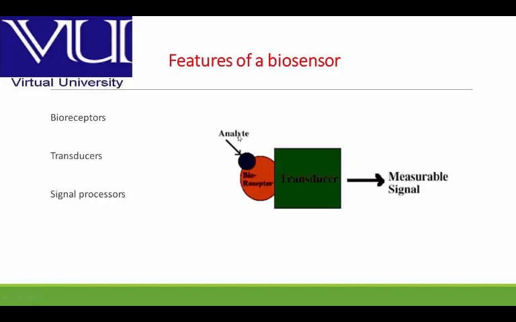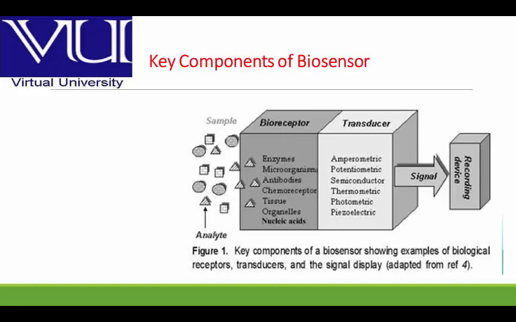Here we can see there is an analyte and also a bioreceptor, where the analyte is compatible and gets attached. The bioreceptor is attached to a transducer, and finally they give a measurable signal to the biosensor for detection.